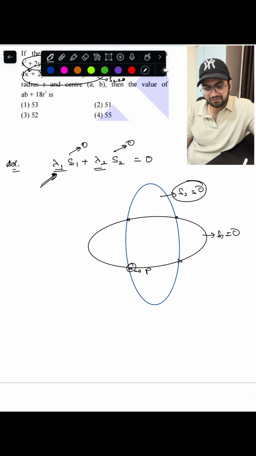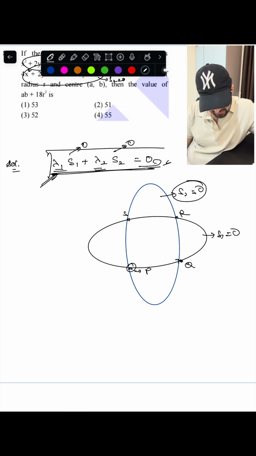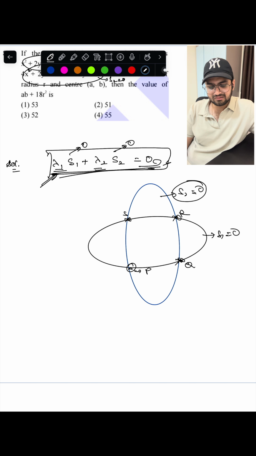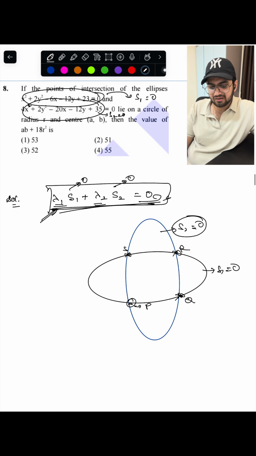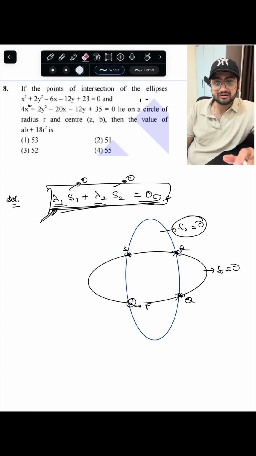So independent of lambda 1, lambda 2, the equation will satisfy. Similarly, it will be happening for all the points, right? That means whatever equation this is, that is passing through their point of intersections. So this is the tricky part that you need to write in the beginning, then the question is done, right?